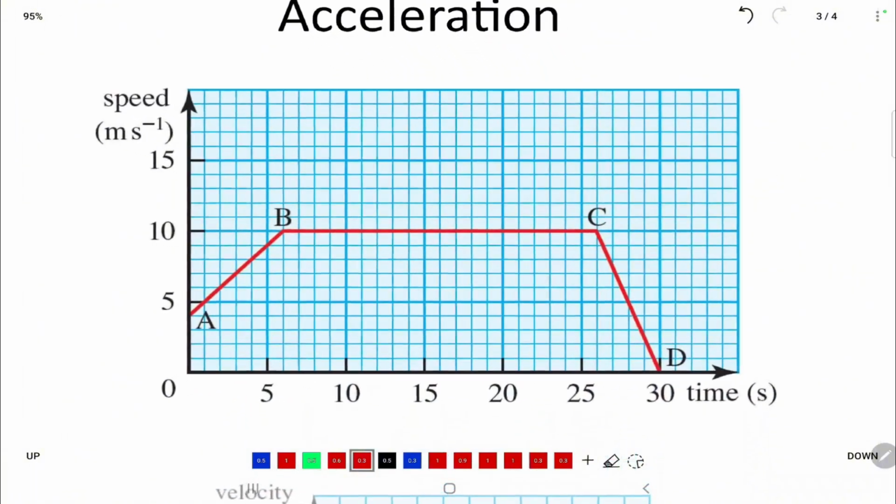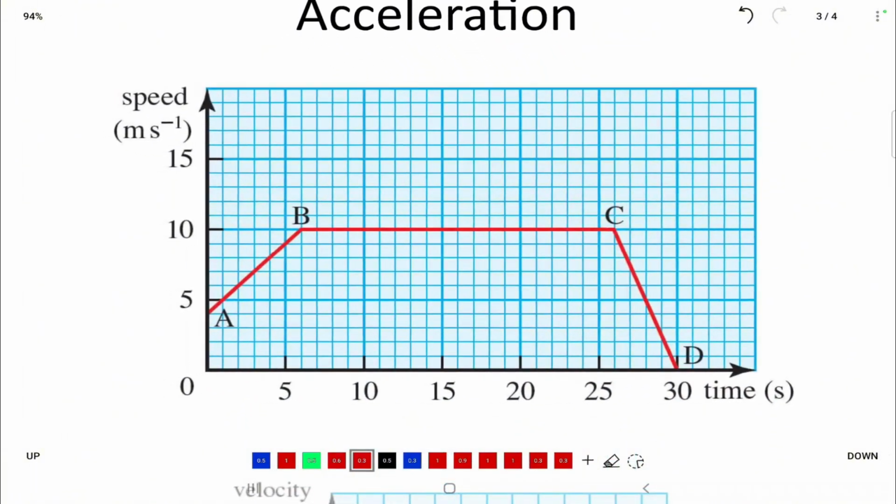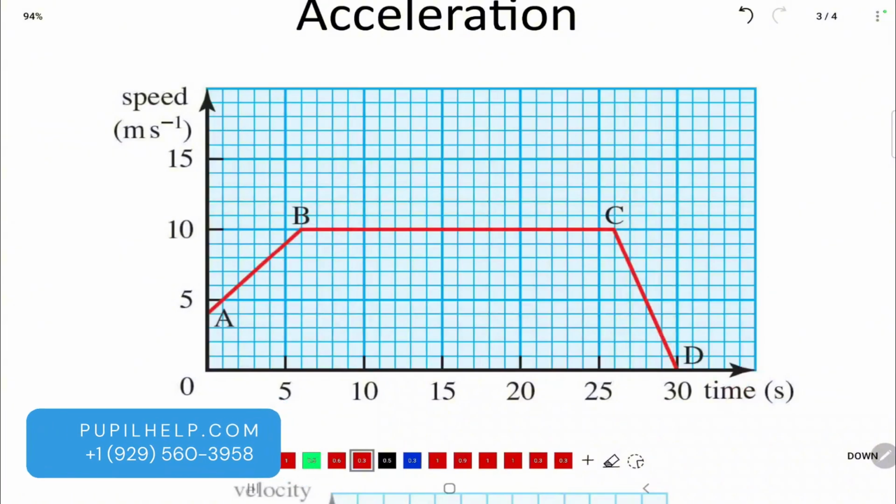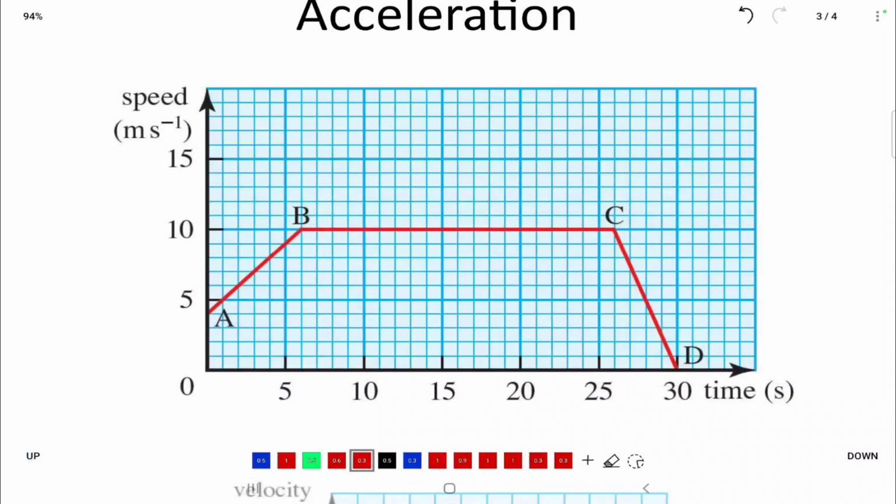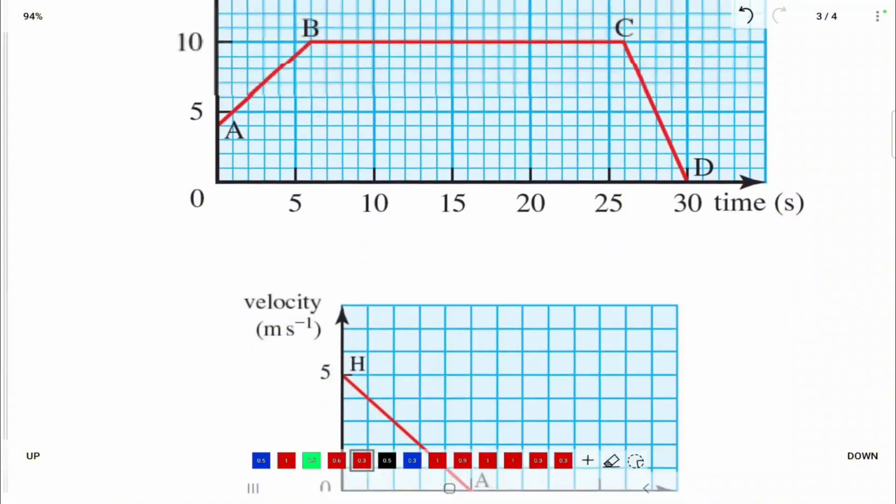We studied also the acceleration. The acceleration can be extracted from the speed time graph. We can conclude, or we can compute the acceleration from the speed time graph. We discussed these graphs before.